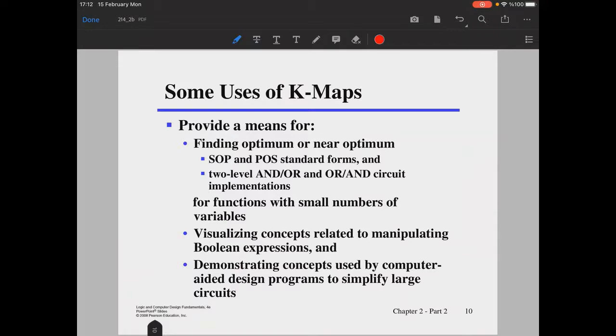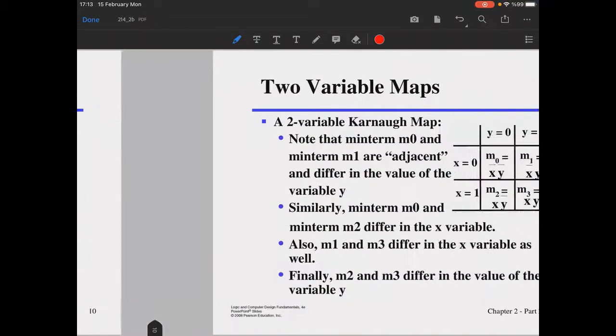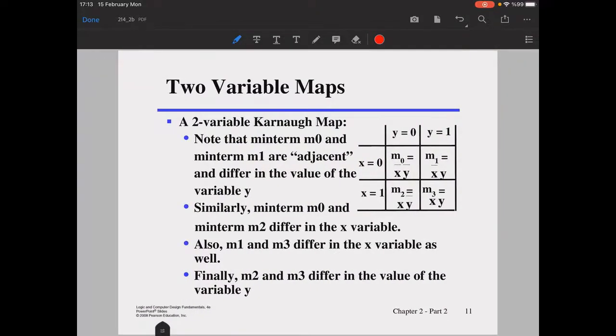It's prone to mistakes, right? Because you can miss some simplification, or maybe you will miss the consensus theorem. So instead of this, you rely on a practical visual method. And it provides the basis for large-scale optimization algorithms as well. Just the basis, of course.